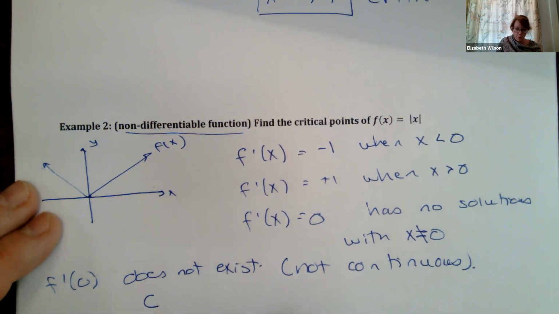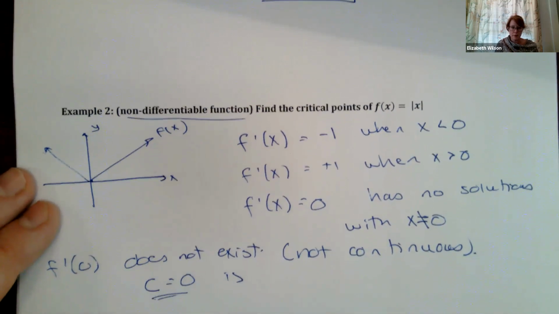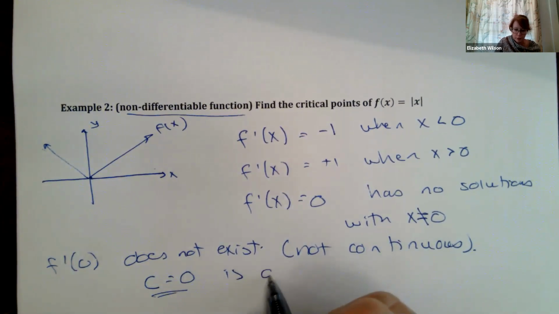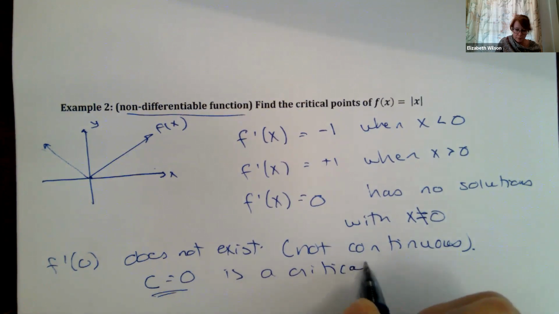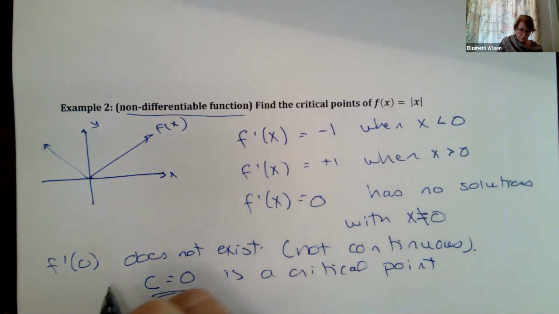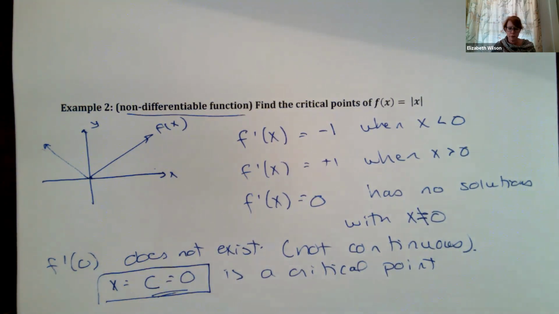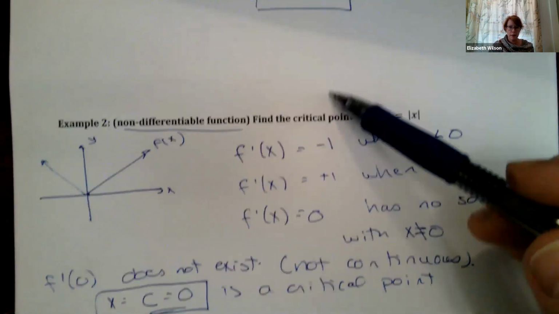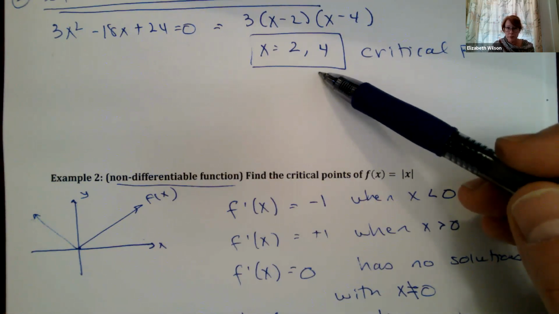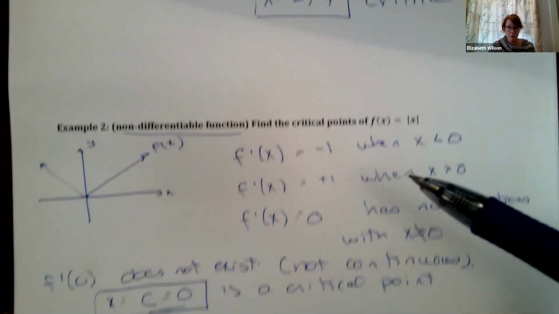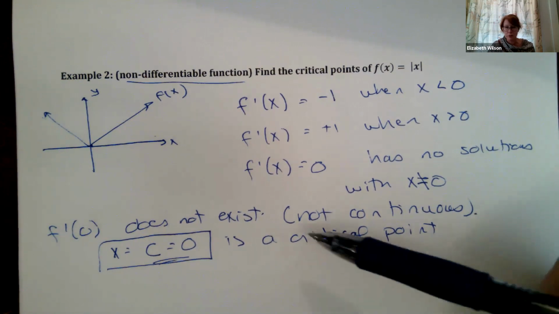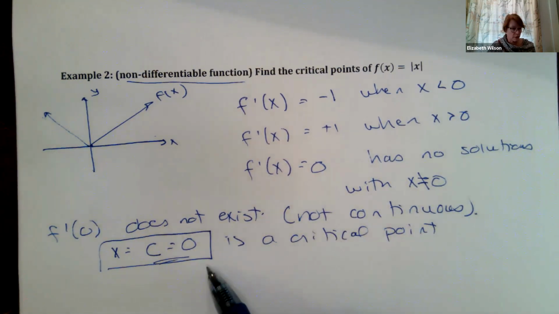Therefore, this value, x equals 0, c equals 0, is a critical point. Remember our definition for a critical point was either where our derivative was equal to 0, and I can solve for x, or the x values at which our derivative doesn't exist. So this is a critical point. Something interesting is happening there.